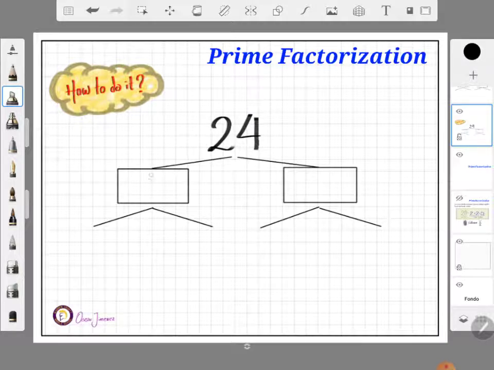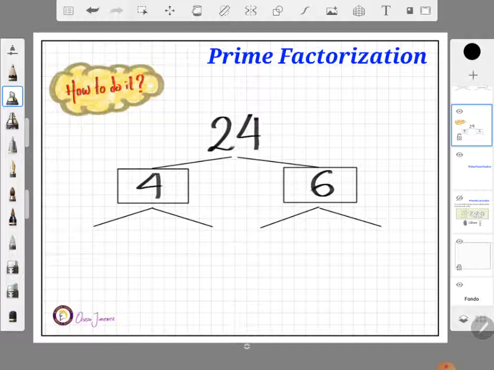Let me start, for example, with the number 4, and 4 multiplied by 6 will be 24. Now, we finish our factor tree, our prime factorization, when we find the prime factors. But in this case, 4 and 6 are factors of 24, but these numbers are not prime numbers.